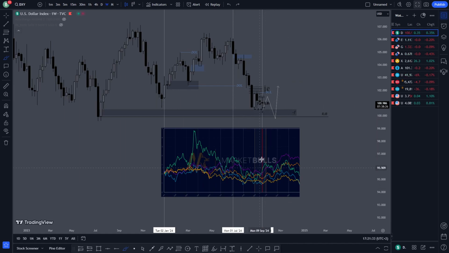So what can we see here on the DXY? I'm going to focus on this green line right here. That's the 2-year data. We can see price will push higher until the start of October, right here. So we are expecting higher prices, basically bullish.